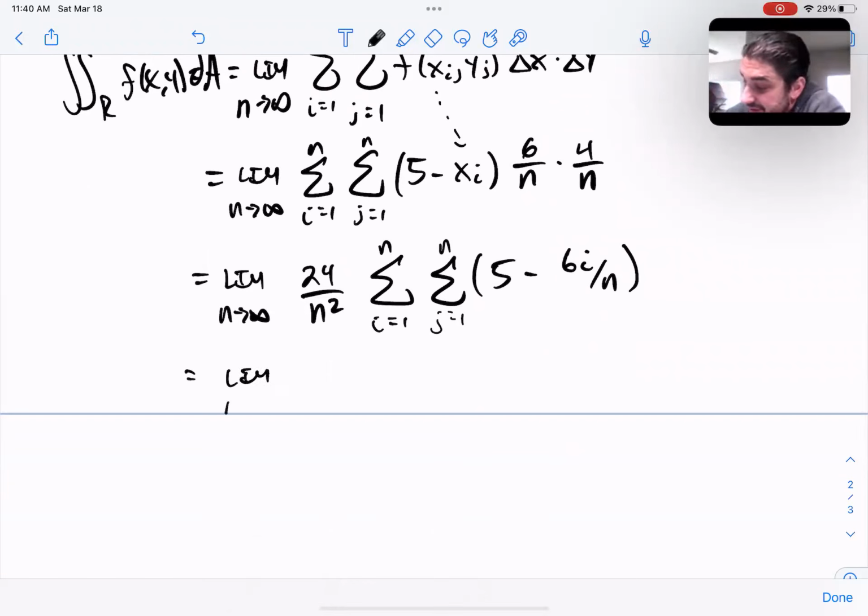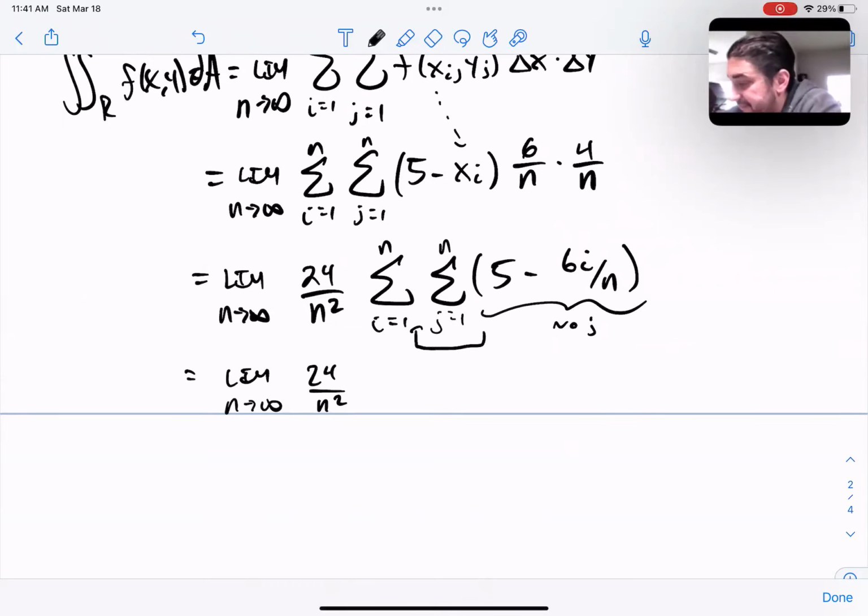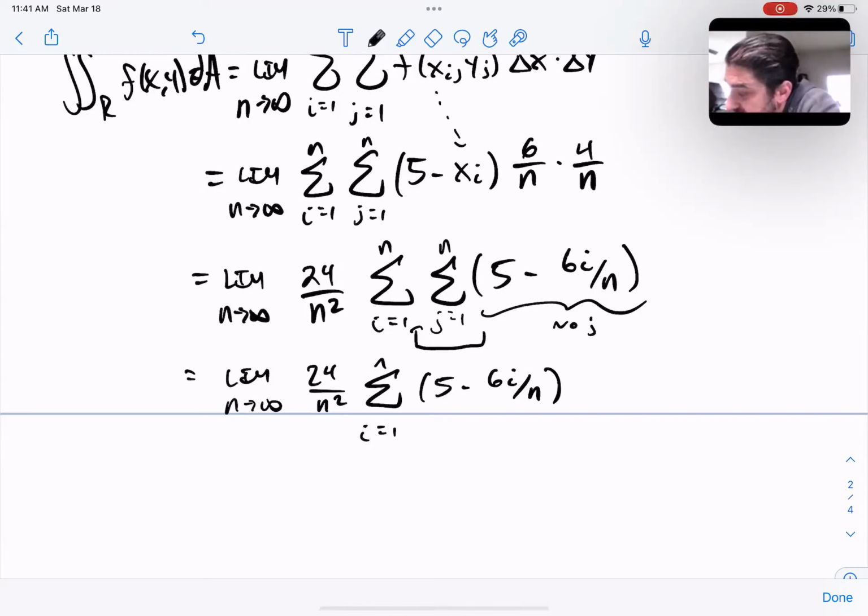Well, here's something nice. Notice there is no j in here. No j occurs anywhere in that expression. So I can factor it out, right? I can't factor it out of that first sum because there's an i in it, right? But I can factor it out of this second sum. And then this becomes just the summation of 1, as j goes from 1 to n.